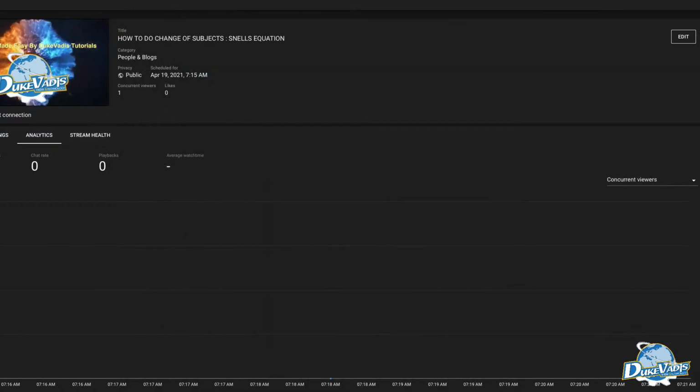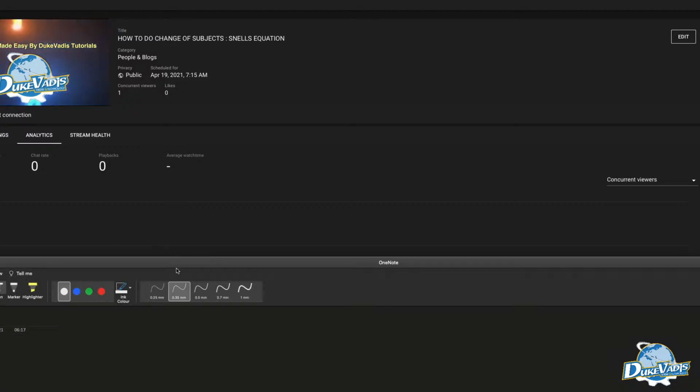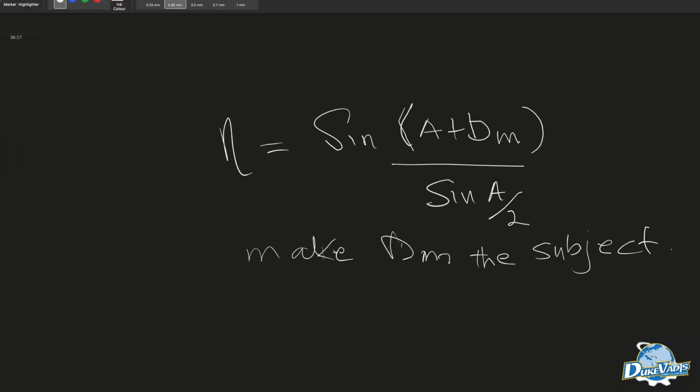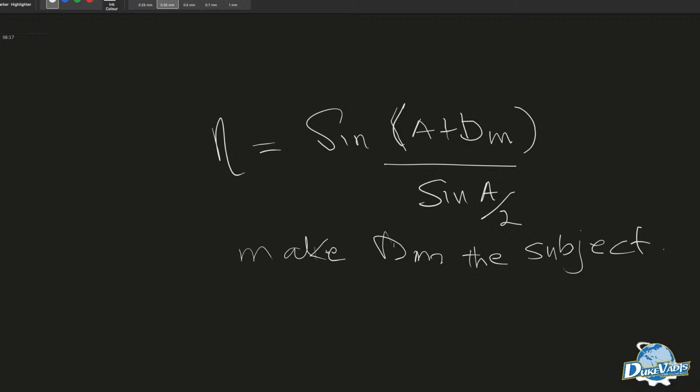This morning, we are going to look at an equation, once again, in physics, called Snell's law. It's not necessary for you to understand the principle behind Snell's law. Snell's law says the refractive index of a glass, from air to glass or glass to air, is given as sine of (A plus D subscript m) all over sine of A over 2.